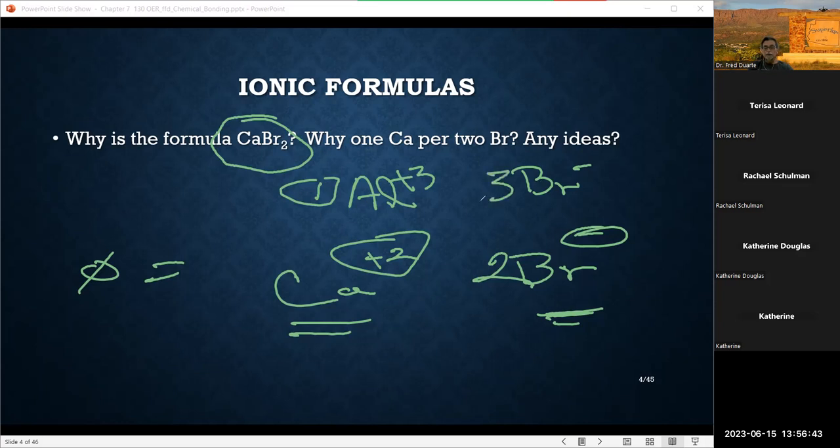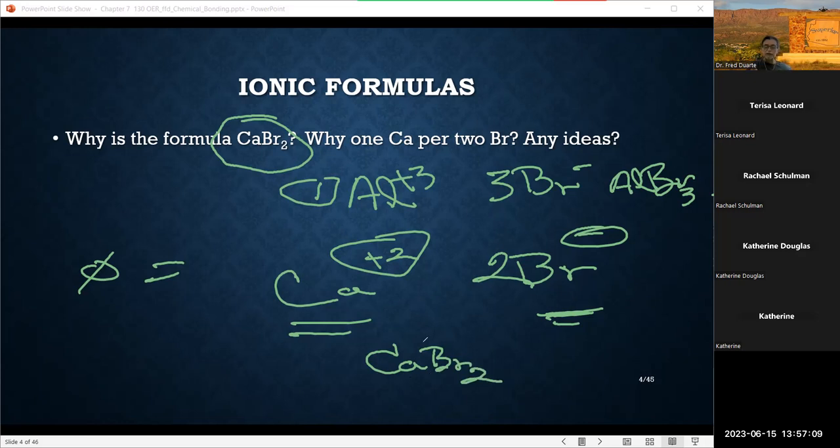That means the formula for aluminum bromide would be AlBr subscript 3. Make sure it's a subscript. The subscript represents how many atoms of bromide. Calcium would be CaBr subscript 2, calcium bromide.